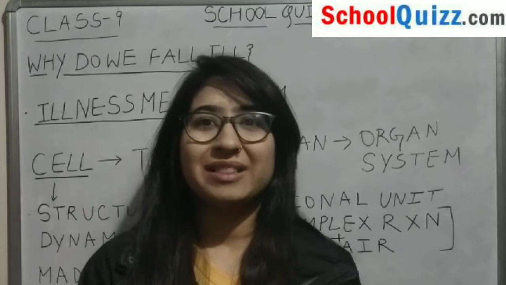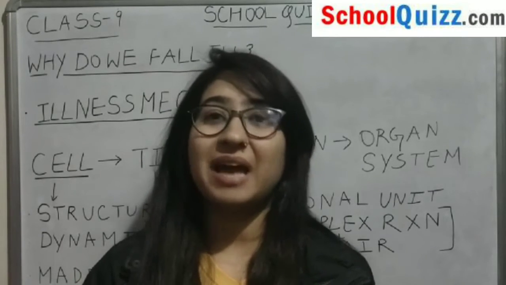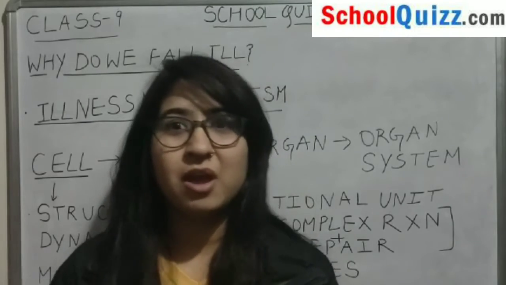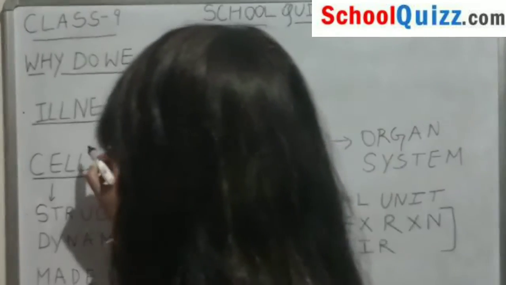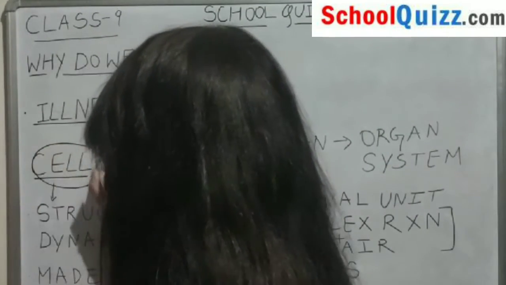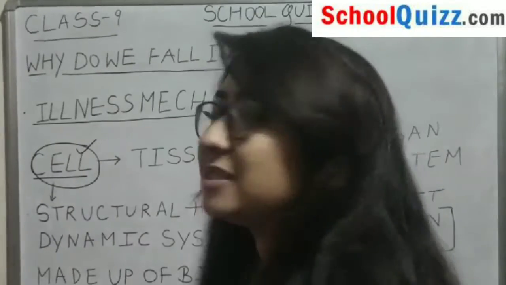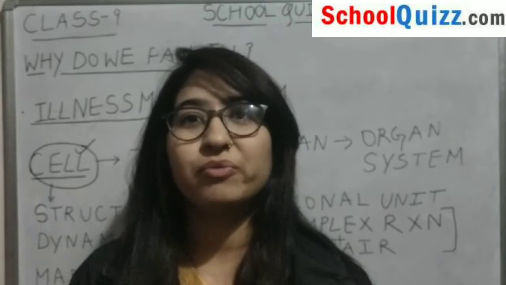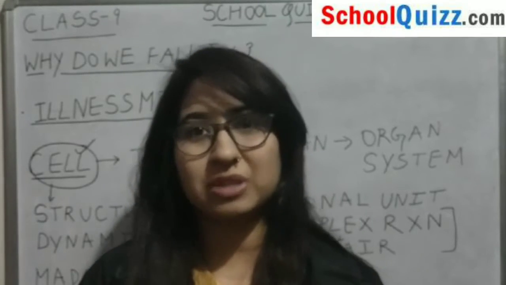So we know that in our body, the cell is the structural and fundamental unit of life. Okay, we know that cell is the structural and fundamental unit of life. That means if we talk about structural unit, it is something which provides structure to something.